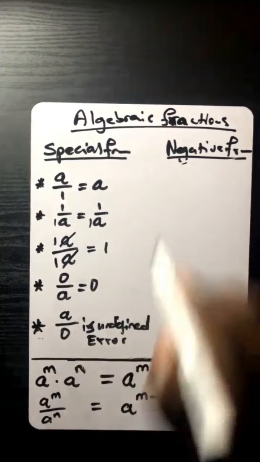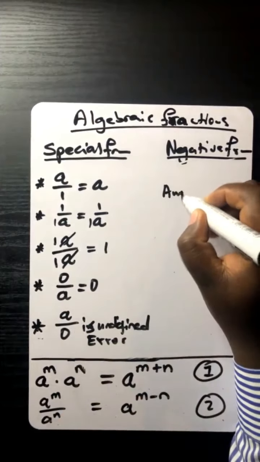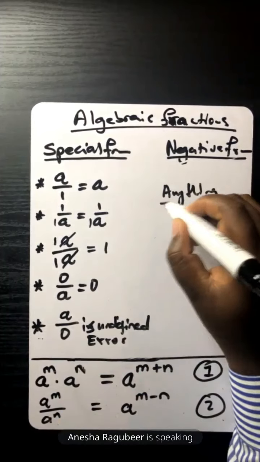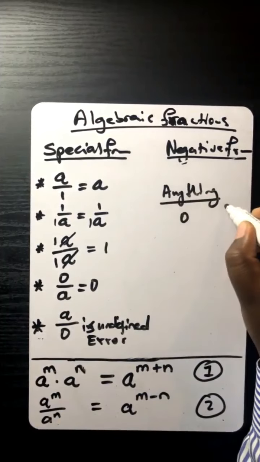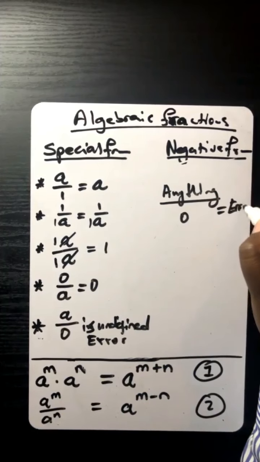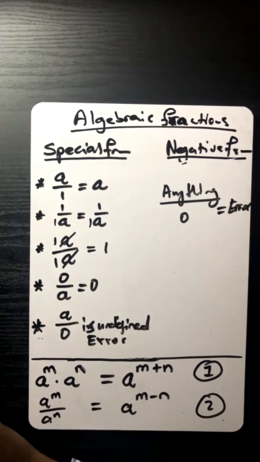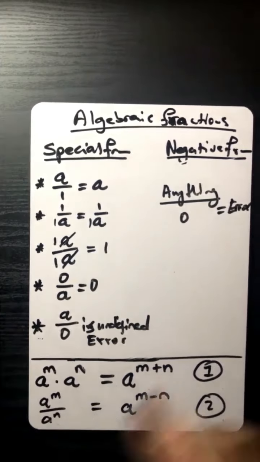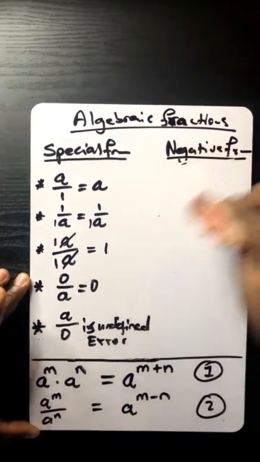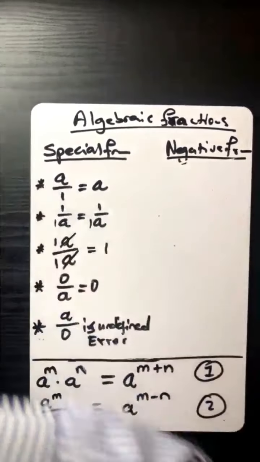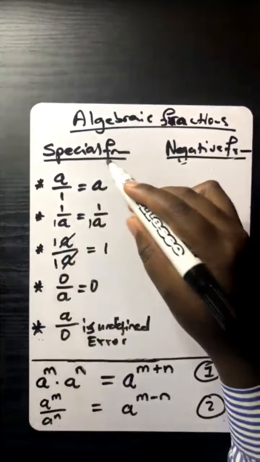So this basically means anything divided by 0 is error. Guys, does it make sense? You can test using any number to say maybe 5 divided by 0. It's an error. I'm not sure if you understand that part, guys. No, sir, I understand it. 100%. So that's all that I wanted us to discuss with regards to special fractions.